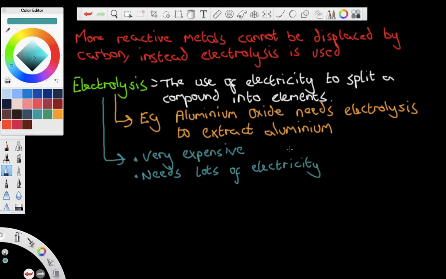And finally, we can say lots of heat is generated.